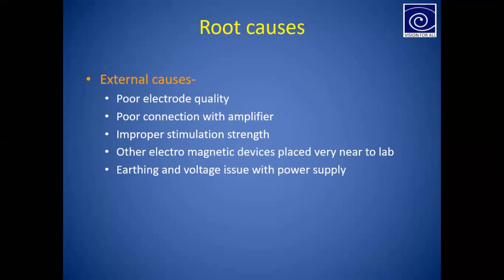Then poor connection with the amplifier: the machine has an amplifier where we connect the electrodes, and if the connection there is loose, we'll get noise. That can also be checked with the impedance level.